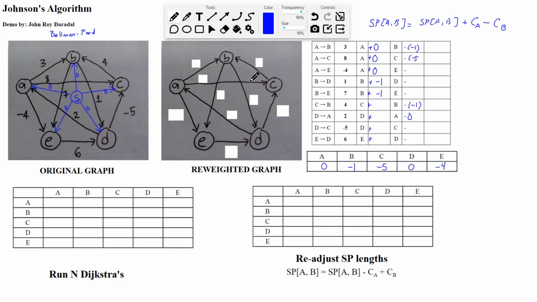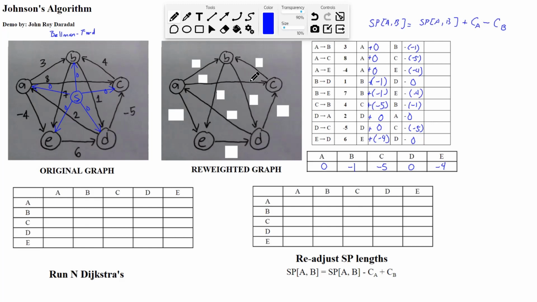There's a negative 5 here. Minus 5, negative 5. And then for D, it's 0, right? And then for E, it's negative 4. Okay, so negative 4, negative 4.